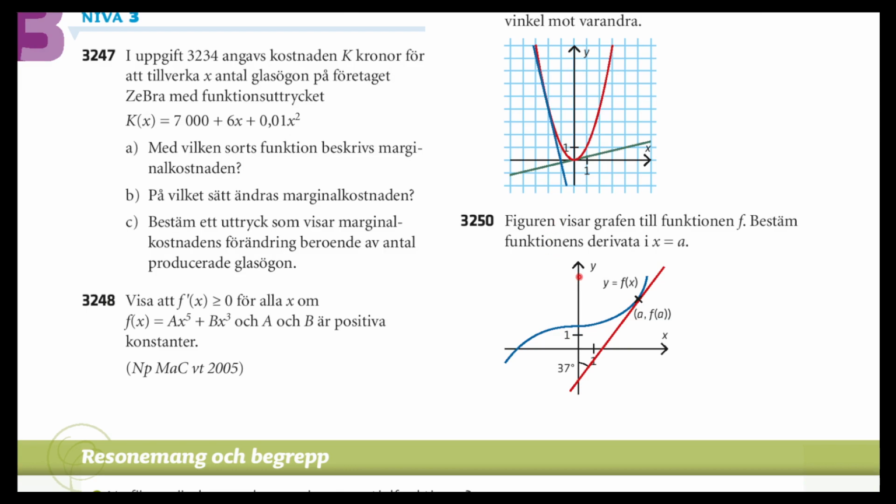So in this graph, you see that you have the graph of the function. We don't know anything about the function. We just see this blue curve as the graph. Using the information on the picture, we want to calculate the derivative of the function at the point x equals a.